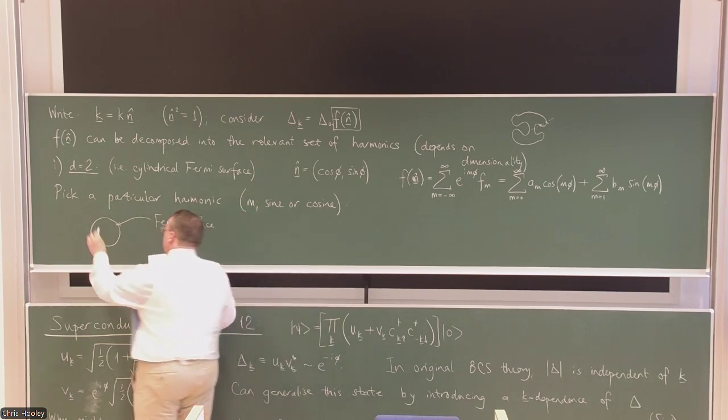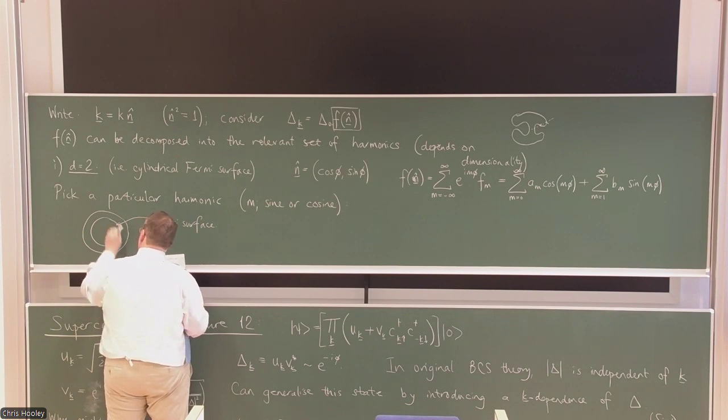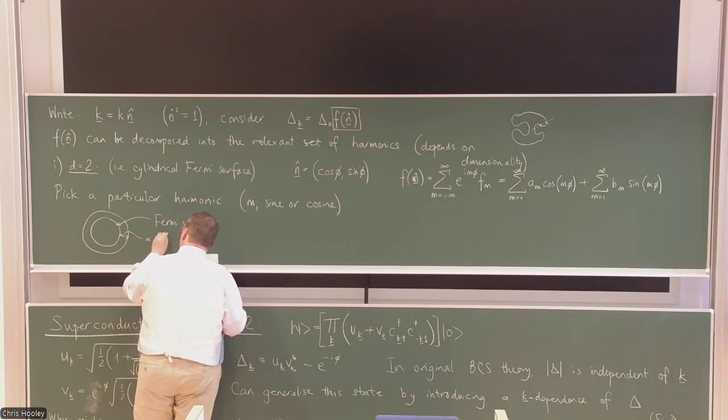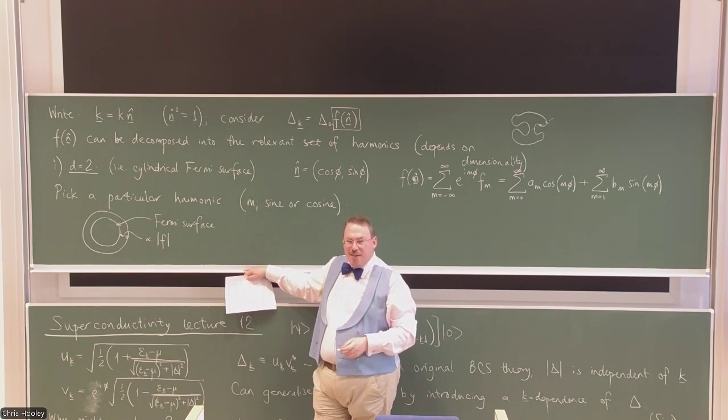And then we draw another line where the distance from this line to the Fermi surface is proportional to the modulus of the harmonic that we're looking at.